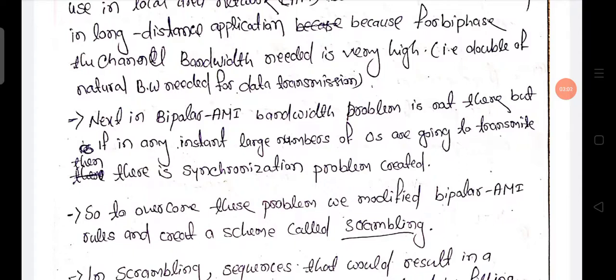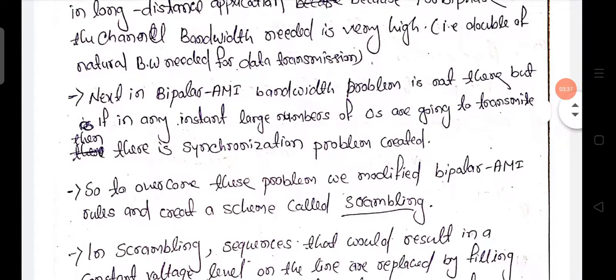So if a consecutive number of zeros is transmitted, then the synchronization between transmitter and receiver is mismatched, since with consecutive zeros the levels of the clock pulse cannot be identified.